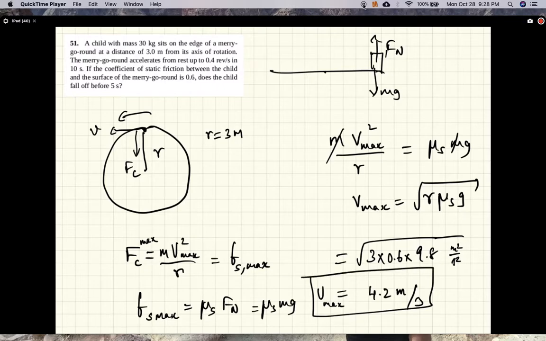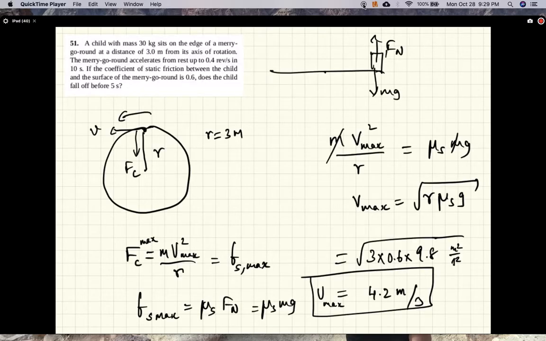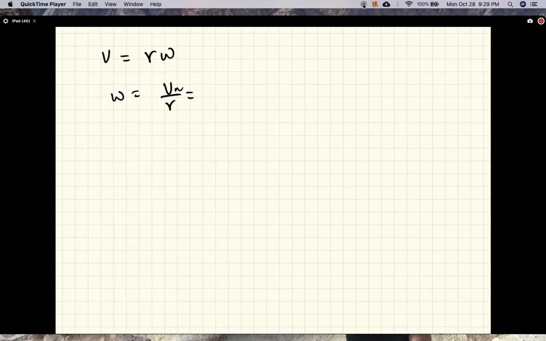Alright, now we've got to translate that to angular velocity. Okay, let's add a page first. So v, the velocity, is equal to r omega, and omega is v over r. So this velocity is 4.2, which we'll call the max.